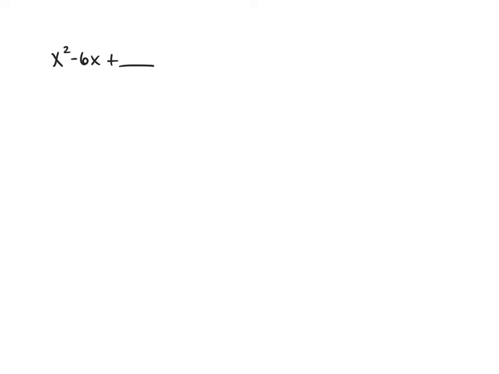So if we started a trinomial with x squared minus 6x, we would have to figure out what number I put here to make it factor into something that is squared. So we want to complete the square, and what we could think about is how would I arrange those negative 6x's?